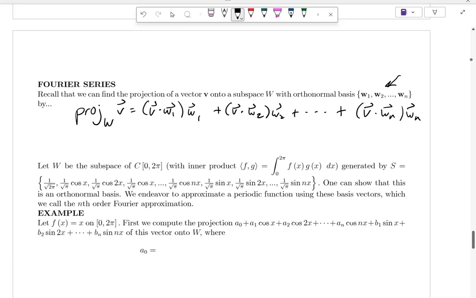So we can use this principle to do projections onto a subspace with function spaces. Okay? We're going to start with a subspace of the continuous functions on the interval from 0 to 2 pi that's generated by a constant function.